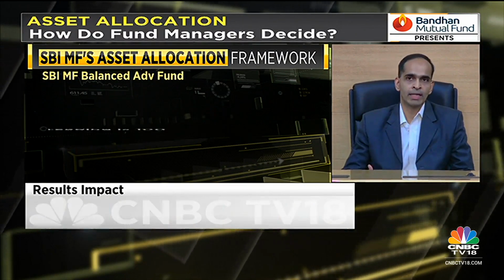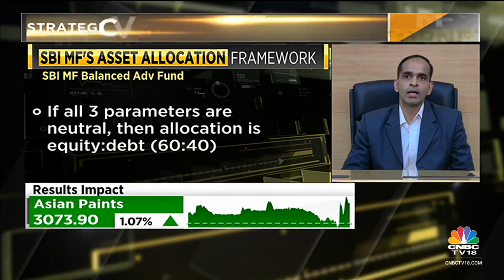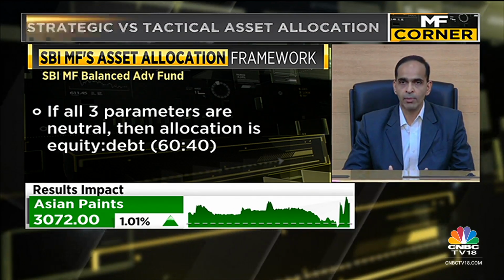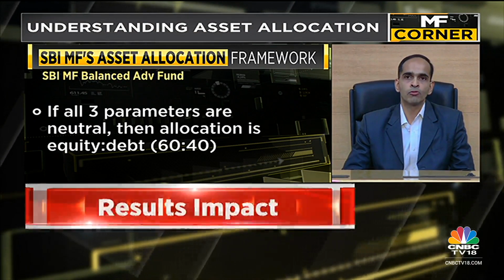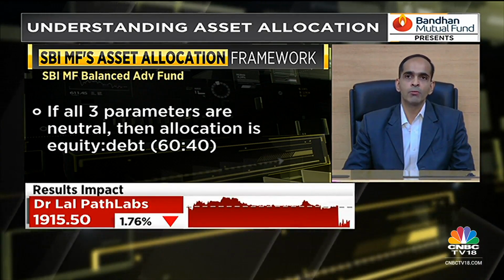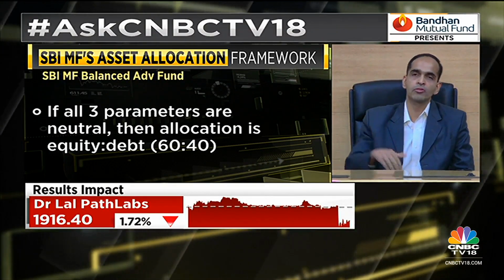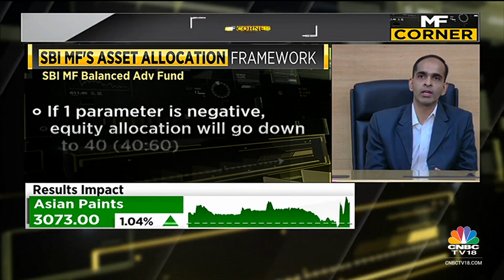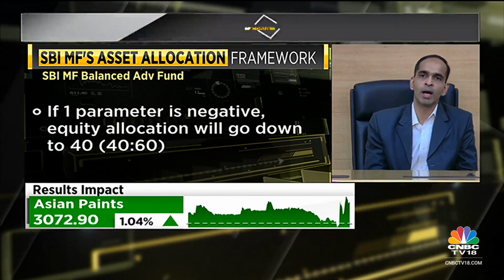Just to give you a practical sense for this, just post the COVID crash in March 2020, and this doesn't often happen, by the way, we had a situation where all three parameters of the framework were screaming buy. From a sentiment perspective, it was so negative that the sentiment part of the framework was screaming buy.